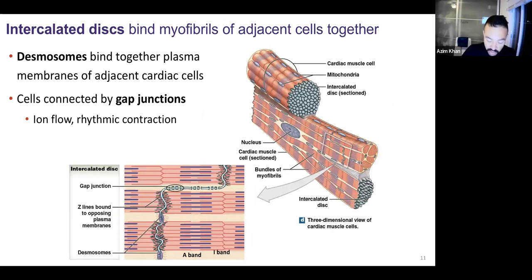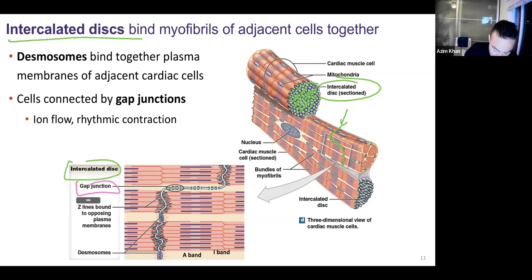These cardiac contractile cells are linked at special junctions called intercalated discs. At these junctions between cells, we have gap junctions, and gap junctions let ions flow from one cell to another.